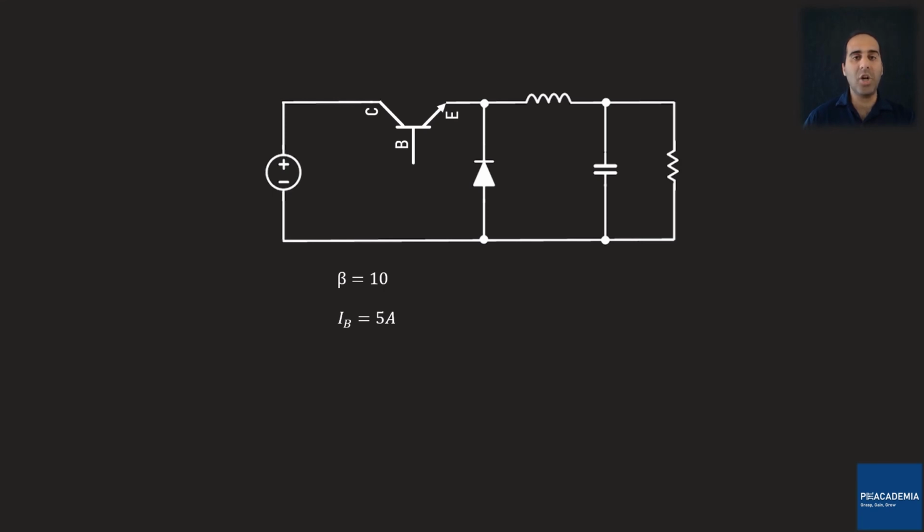This is a really large current. Think about the gate driver that is going to feed the base of this BJT. The gate driver itself would be a power circuit for itself. This is why a BJT is not a proper switching device in power electronics.